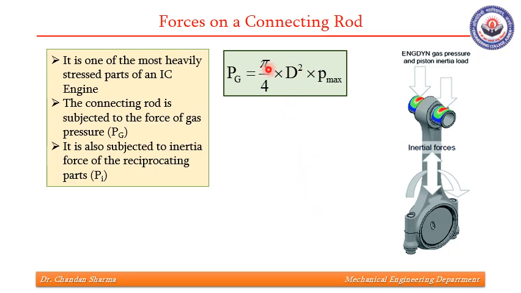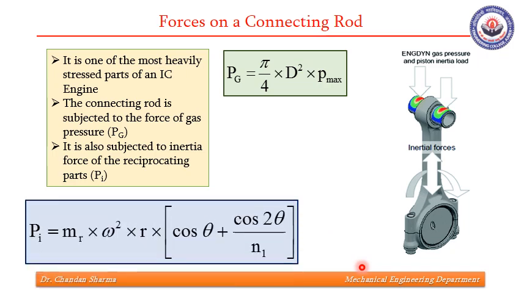This is the maximum gas force, and inertia force is given by this very well known formula, m_r omega square r (cos theta plus cos 2 theta over n1). m_r is mass of reciprocating parts, omega is angular velocity, r is crank radius, theta is angle between connecting rod and crank, and n1 is ratio of connecting rod length and crank radius. So these two forces will play a vital role in designing of connecting rod.